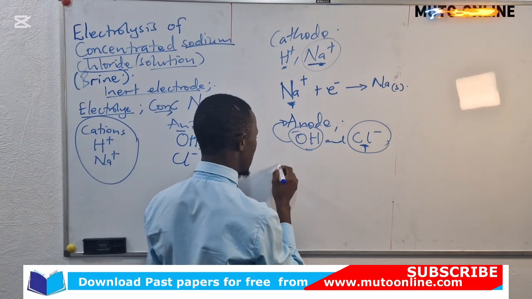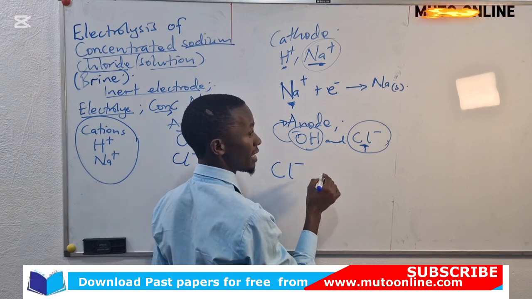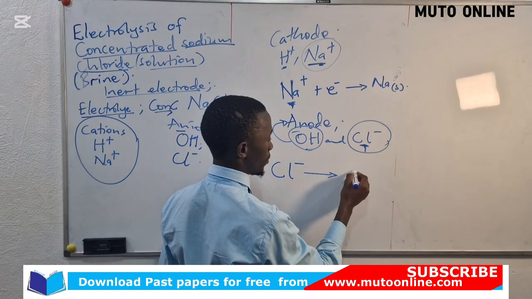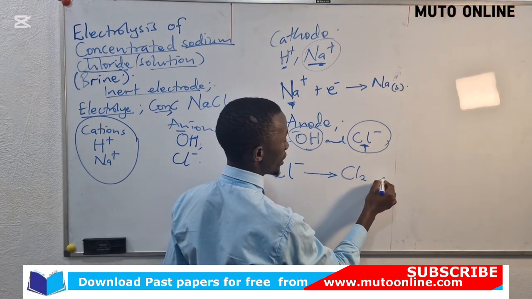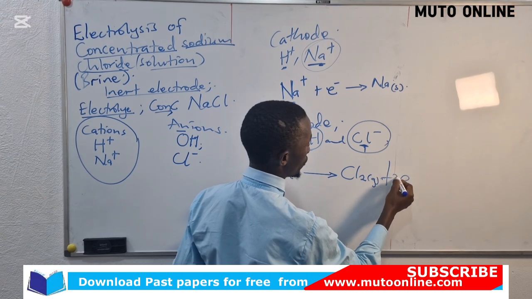And since they are negatively charged, the chloride ions will be discharged by loss of electrons to form chlorine gas.